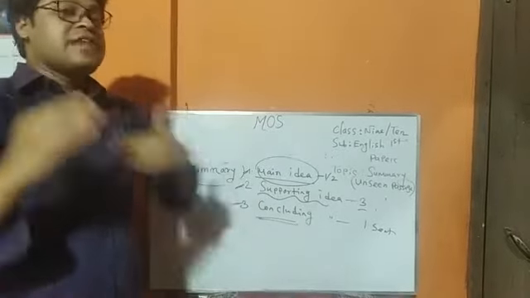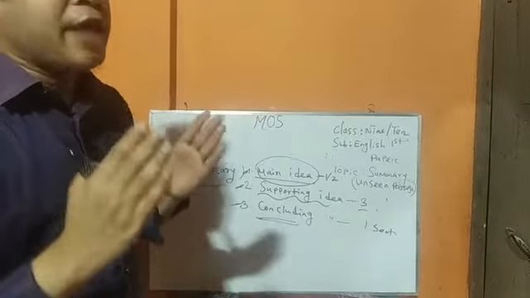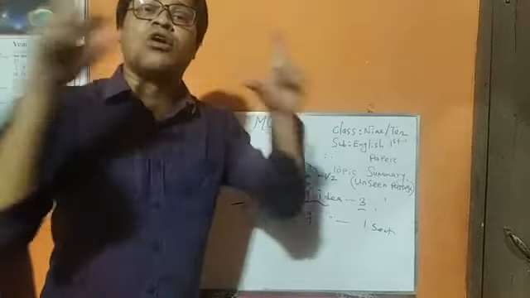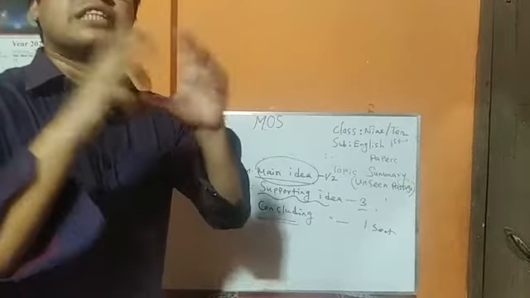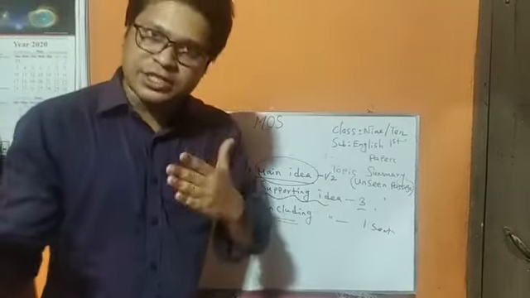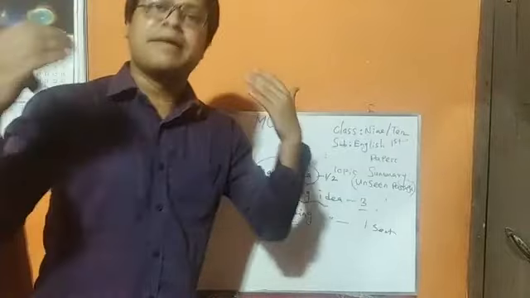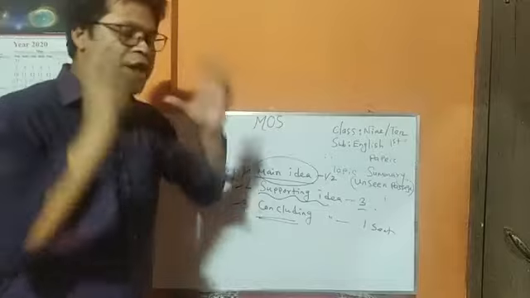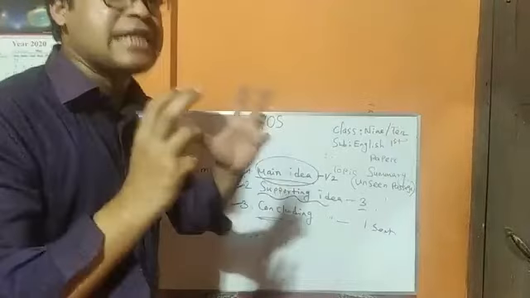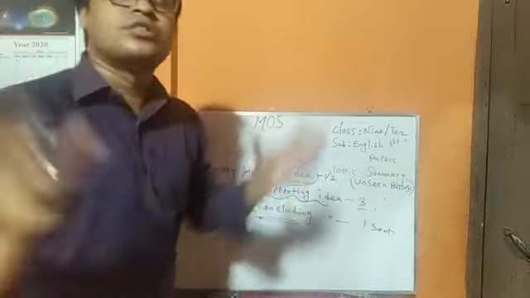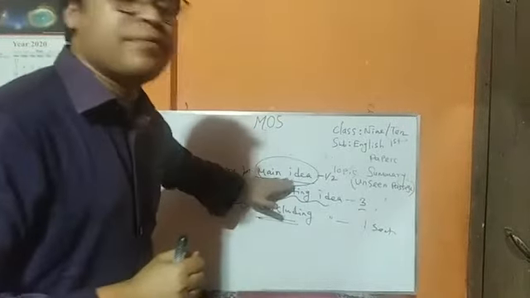Number 1, when you write a main idea, then you try to show the summarization of the subject. It may be a person, it may be tree plantation, it may be mobile phone, it may be anything. Okay, you try to summarize the whole subject in the first line.